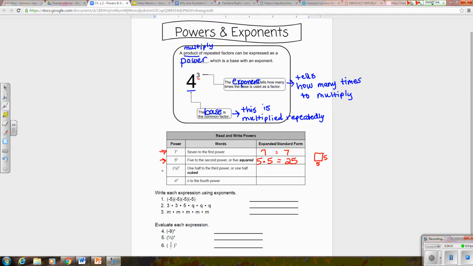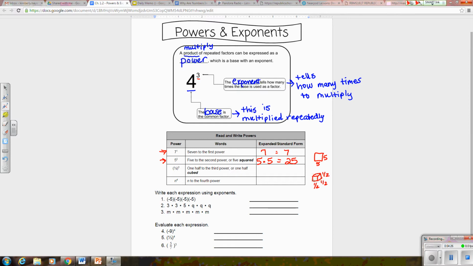Okay? The next one, 1/2 to the third power, or we could call it 1/2 cubed. And the reason for that is because if we take a cube, like a little sugar cube, that's 1/2 an inch big. It's got 3 dimensions, and each dimension is 1/2 inch. The length is 1/2 inch, the width is 1/2 inch, and the height is 1/2 inch.